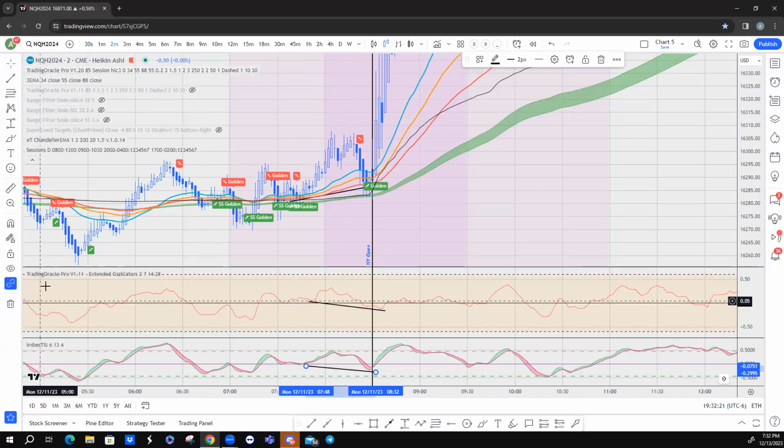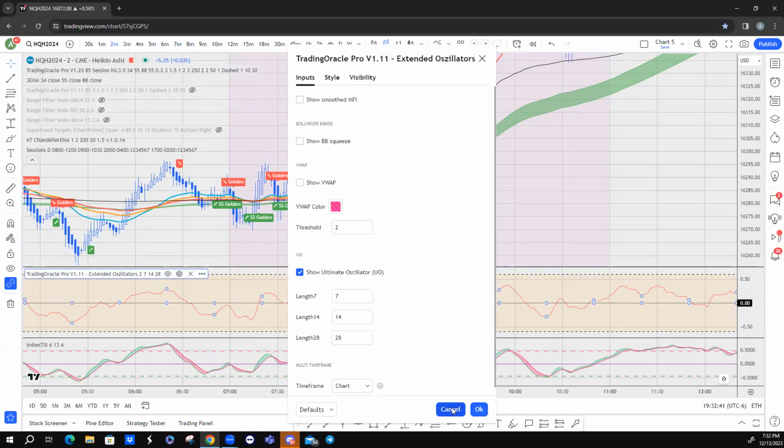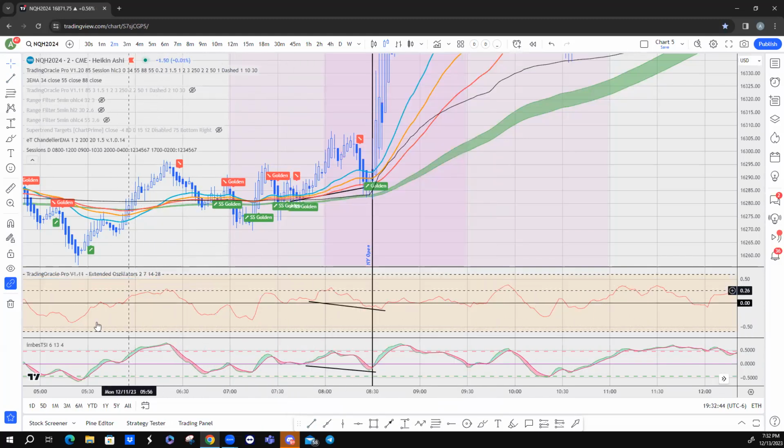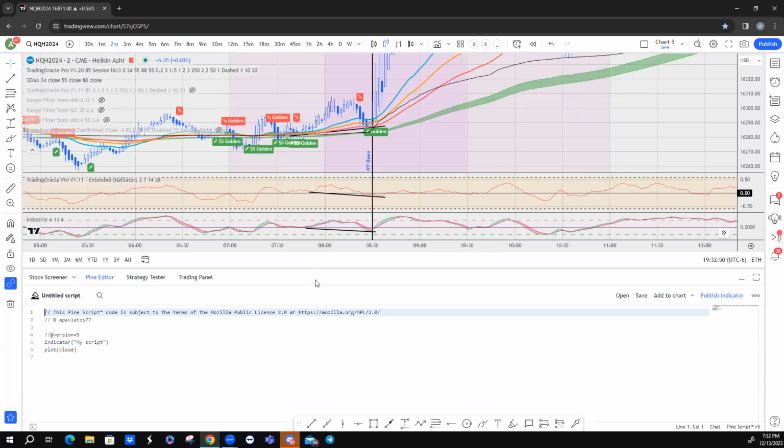So the oscillator on the bottom is the ultimate oscillator, but Trading Oracle has one too. You can click off some of the other settings and just keep the ultimate oscillator. I keep those numbers as is, 7, 14, 28. And the one below is the TSI, and this is the one that I like to use.